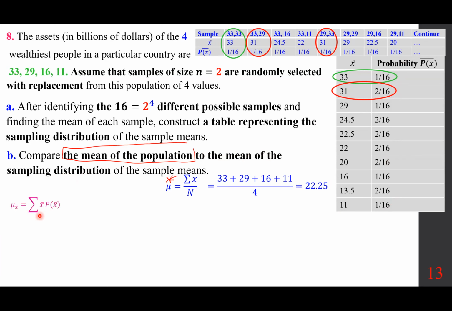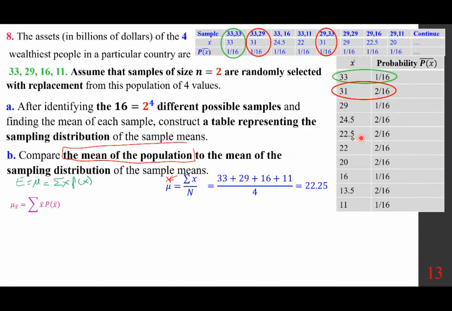So I hope you remember the formula. You don't have to memorize it, but you can look it up. E or mu for a discrete value was summation of x p of x. And mu of x bar is summation of x bar p of x bar. So we multiply these two. We multiply these two. We multiply these two.